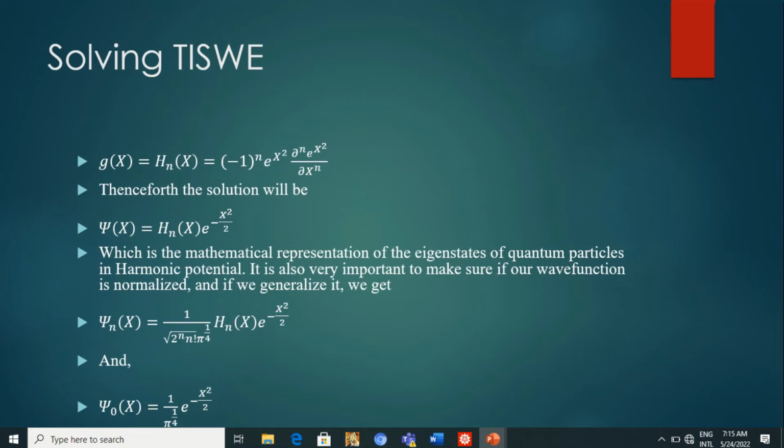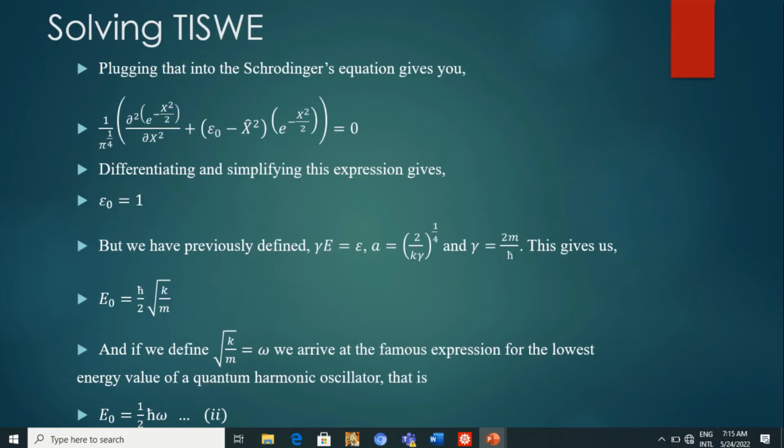It is also very important to make sure our wave function is normalized, and if we generalize it, we get this: psi n of X is equal to 1 over root of (2 power n into n factorial) into pi power 1 by 4 into Hn of X into e to the power minus X square over 2, and this will give us psi naught of X equals 1 over pi power 1 by 4 e to the power minus X square by 2.